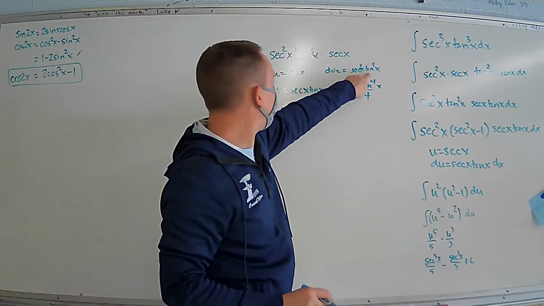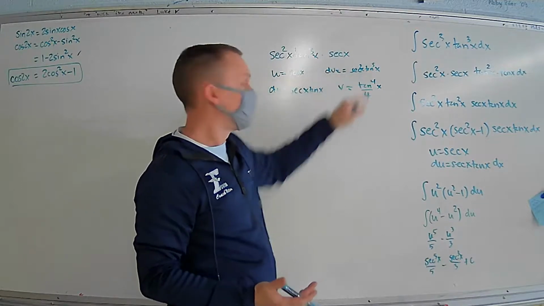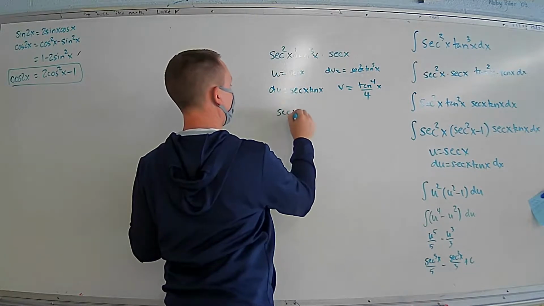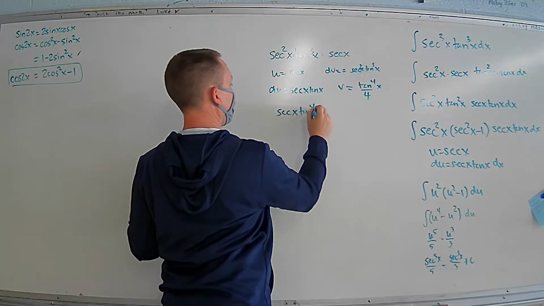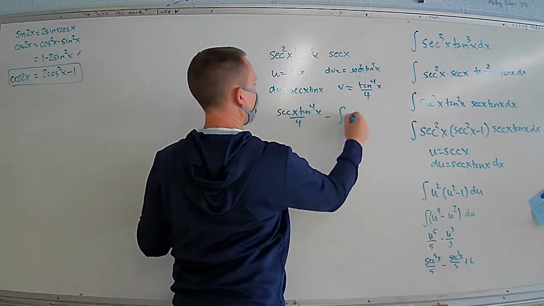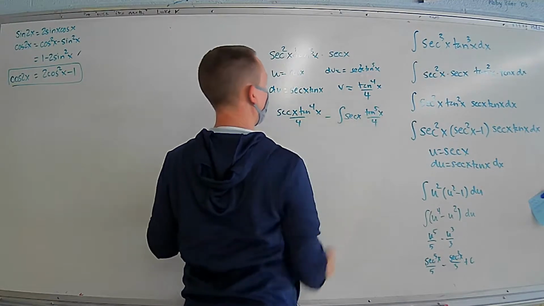The secant squared tangent cubed, that's a u substitution. So u times v, secant x tangent to the fourth x over 4, minus the integral of this times that, that's secant x tangent to the fifth x over 4.